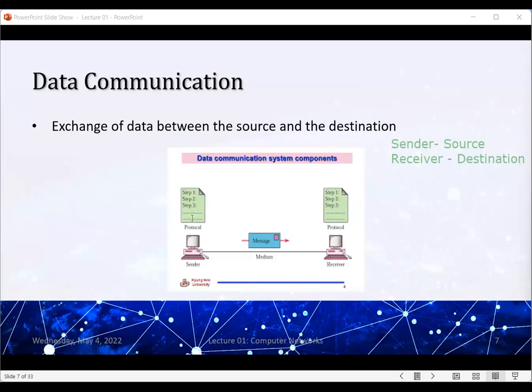Next one is protocol. Let's say I'm talking to you using Chinese, right? Then the language which I'm using to talk with you cannot be identified by yourself. The reason is you do not know Chinese, right?